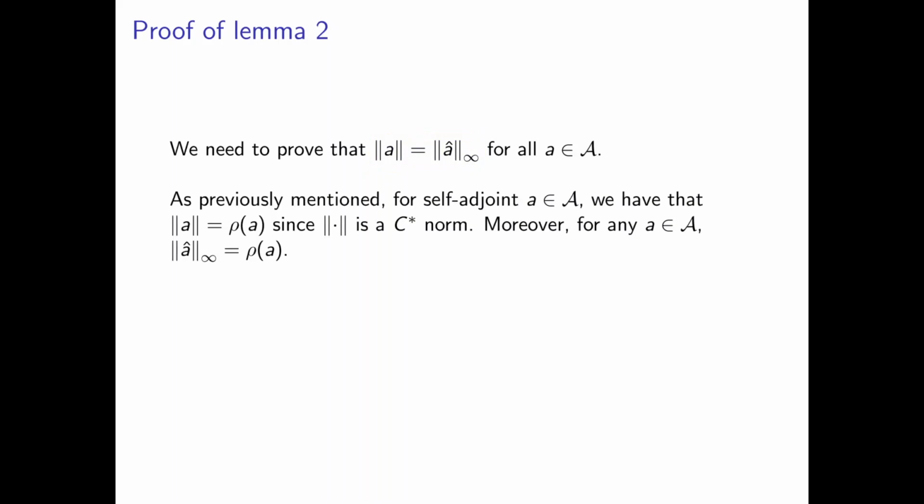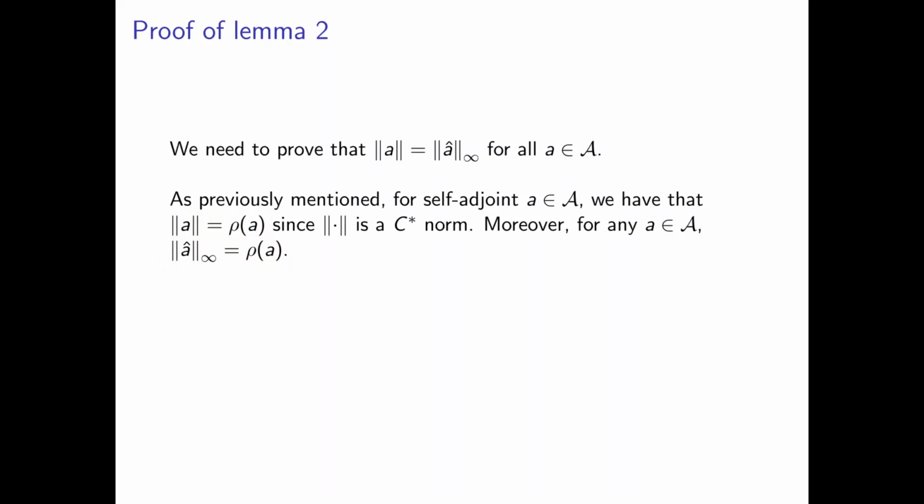Now, as I previously mentioned, for self-adjoint elements, this is a pretty easy statement because on one hand, the norm of a self-adjoint element in a C-star algebra is equal to the spectral radius, but on the other hand, we proved in this lecture that the supremum norm of A hat is always equal to the spectral radius of A. So for self-adjoint elements, this is super easy.